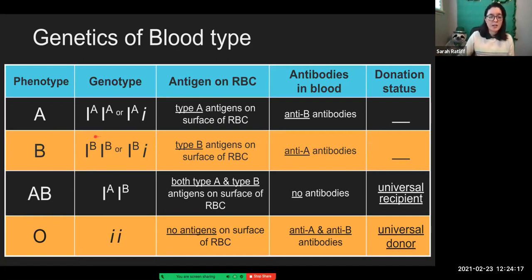You can be homozygous for B, or you can be heterozygous, with one dominant B and a little i that's recessive.